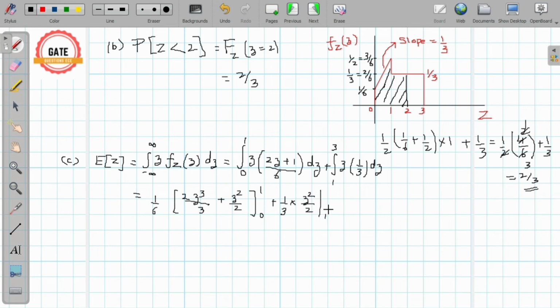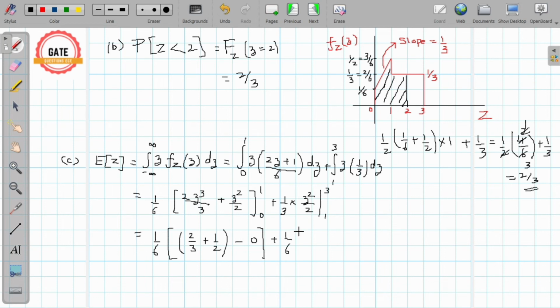Lower limit is 1, upper limit is 3. So now putting upper and lower limits, we will get 1 by 6. So upper limit will give us 2 by 3 plus 1 by 2 minus lower limit, so all terms will be 0. So minus 0. Next we will get plus 1 by 6.